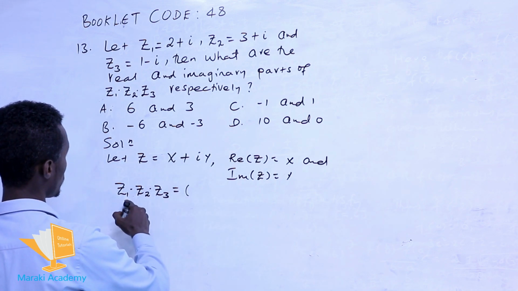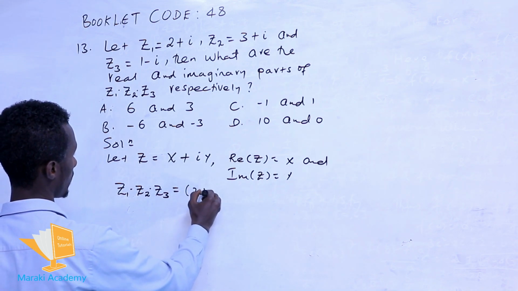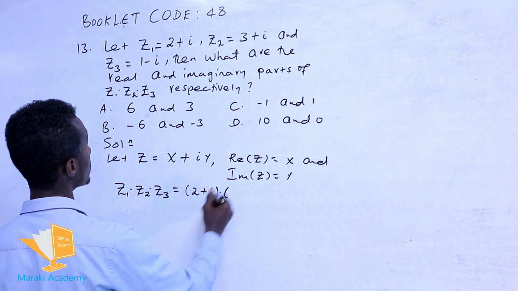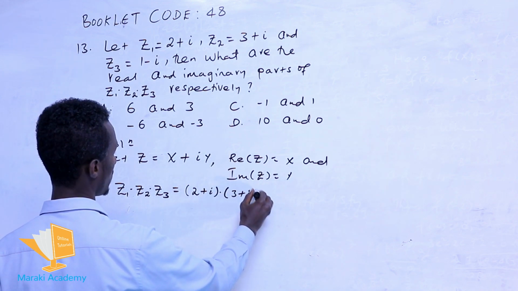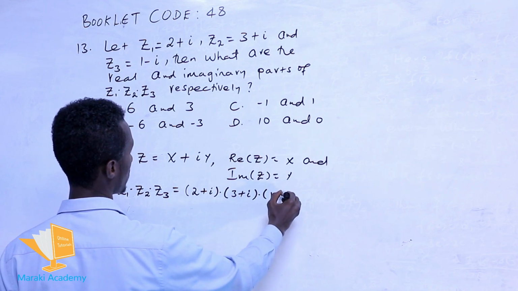Now when we substitute in terms of z, we have 2 plus i times 3 plus i times 1 minus i.